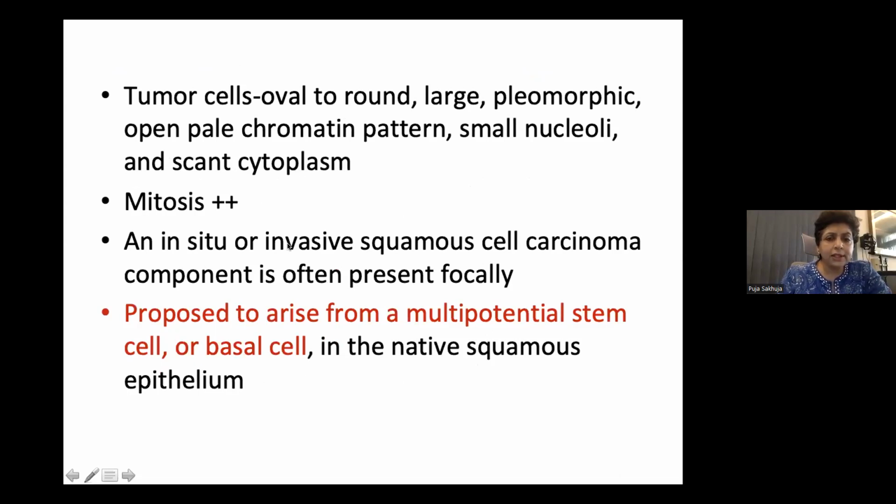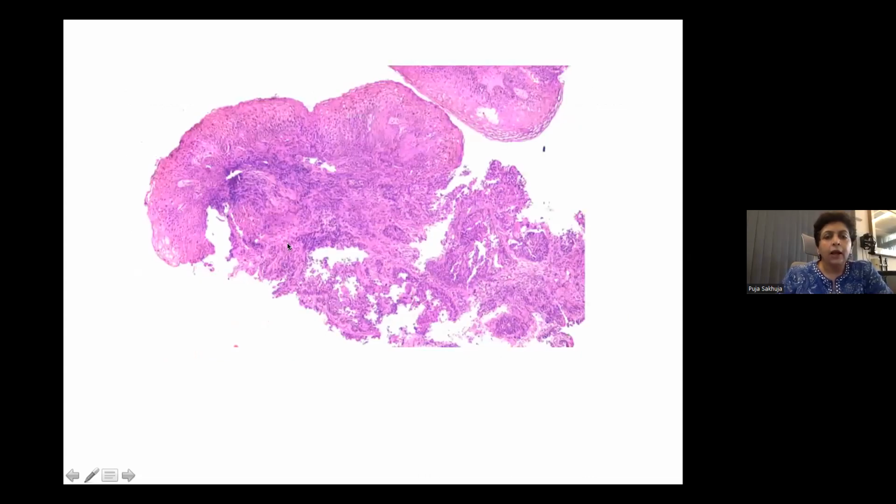Now, what happens is these cells are usually similar to the basal cells of the normal squamous epithelium. So they are cuboidal to columnar with high NC ratio, small cells. They are not large cells like the cells of a squamous cell carcinoma. Mitosis is very high, and they can have an in situ component or be invasive, just like a regular SCC.